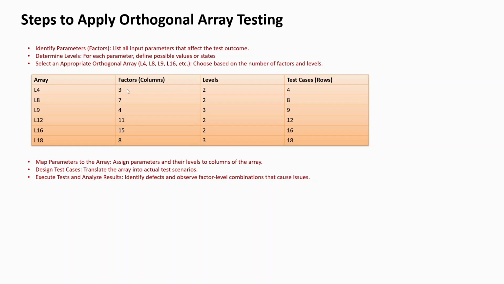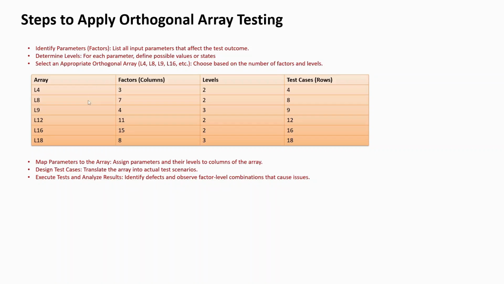The first step is to identify all the input parameters. You need to list down all the input parameters that affect the test outcome. Then you need to determine the levels for each of these parameters. For each parameter, define the possible values or states. For example, in our case, for the operating system, we have selected Windows, Mac OS and Android as possible values.